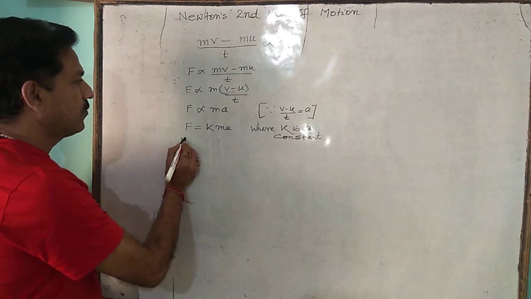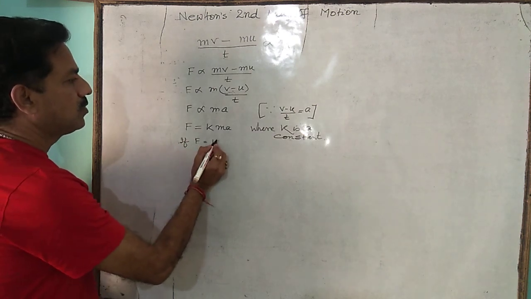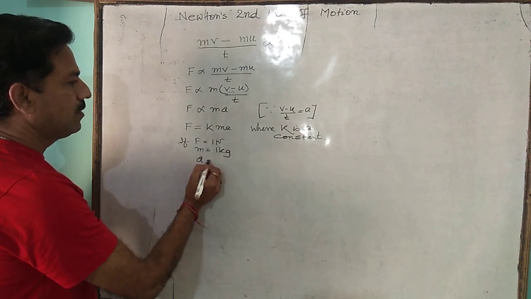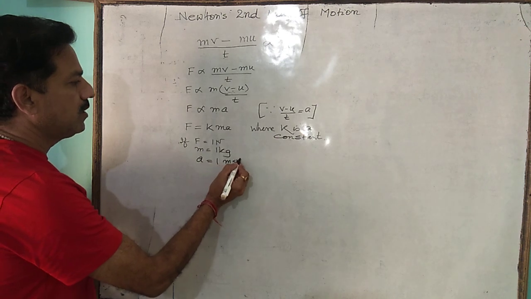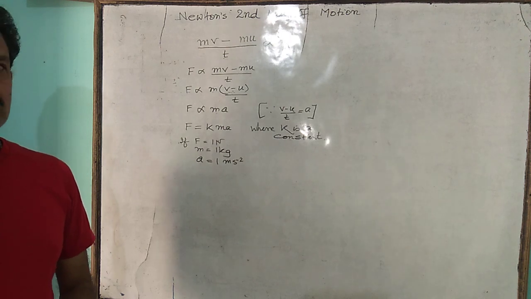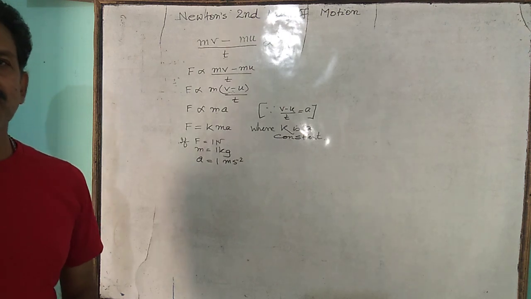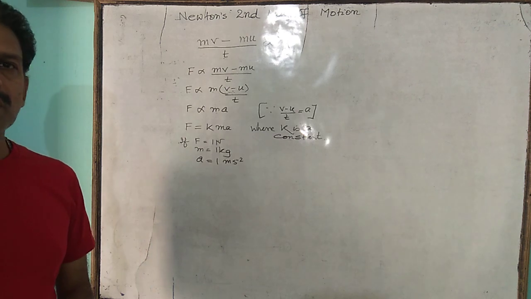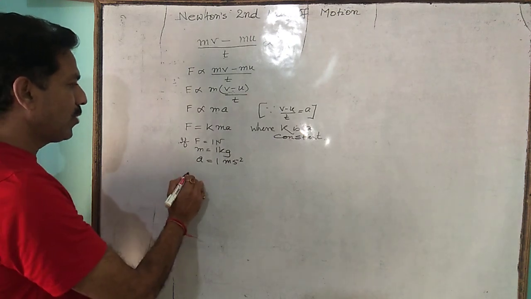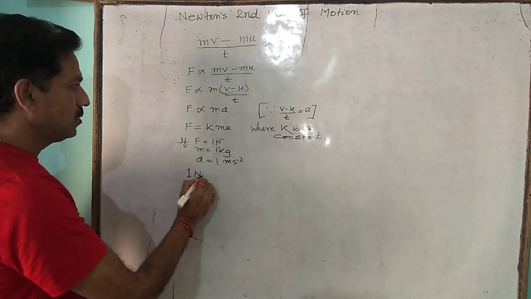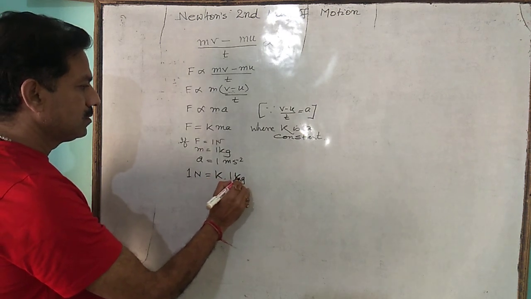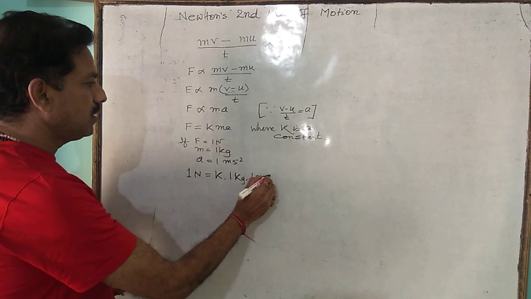Now if F equals 1 Newton, m equals 1 kg, and a equals 1 meter per second square. That means if 1 Newton of force is applied to a body of mass 1 kg to produce an acceleration of 1 meter per second square, what will happen to this equation? 1 Newton equals k into 1 kg into 1 meter per second square.